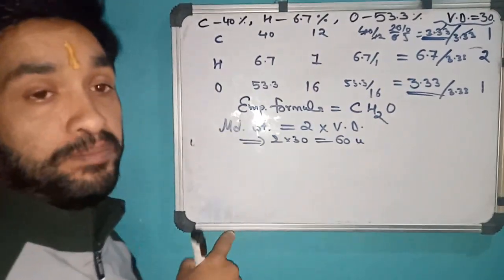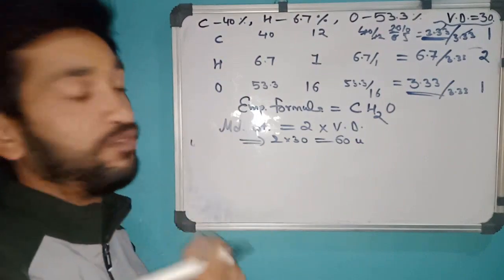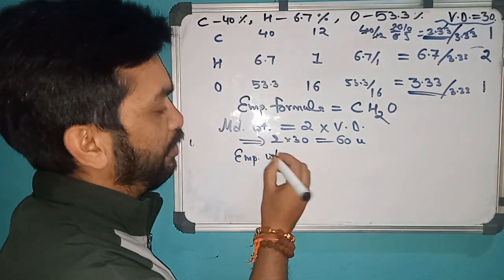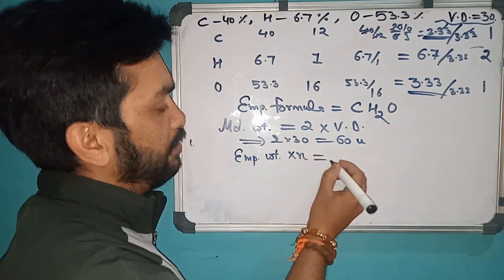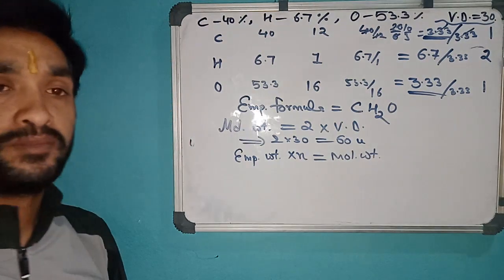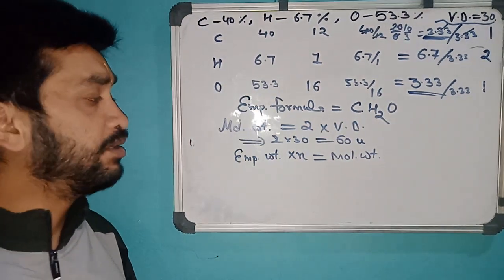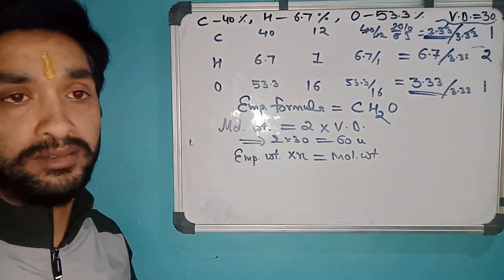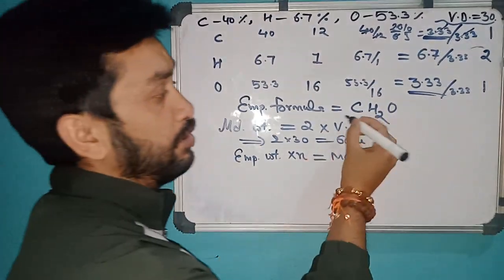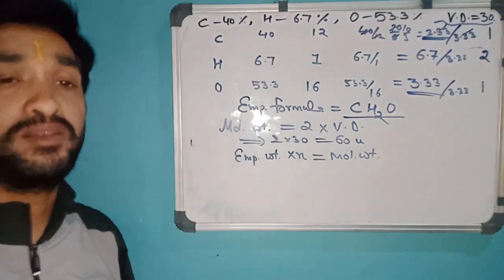Now the previous part, what we did, we wrote a formula. That formula was empirical weight into n is equal to molecular weight. So how to calculate n? Empirical weight we don't know, but we know the formula, so can we calculate empirical weight by the formula?